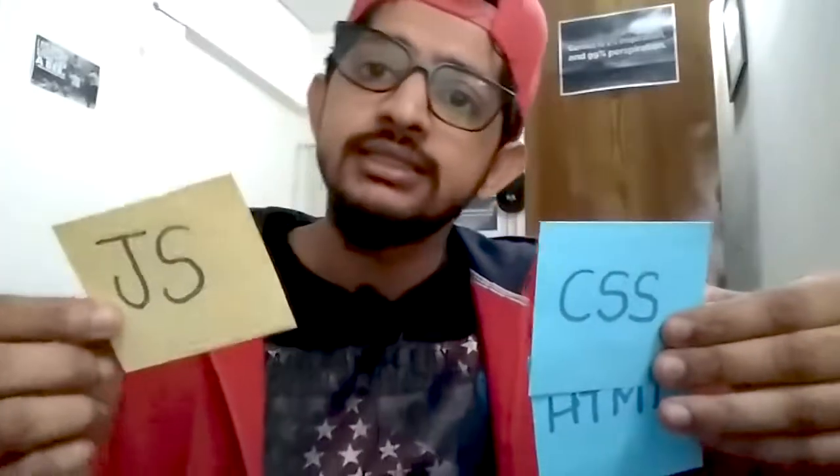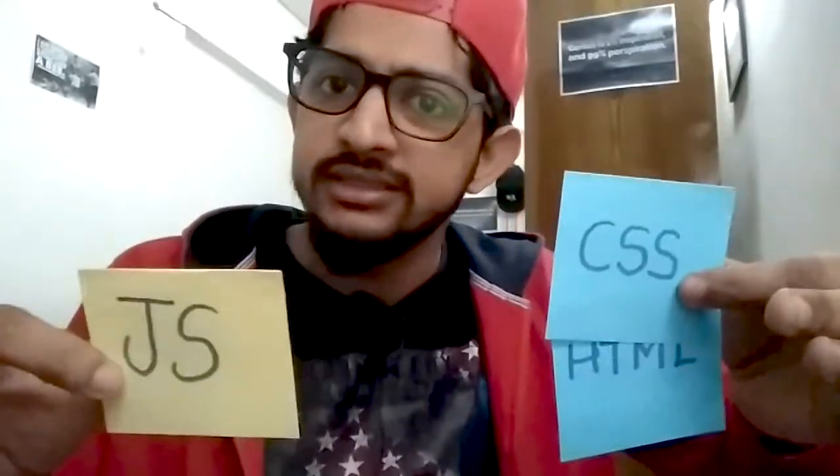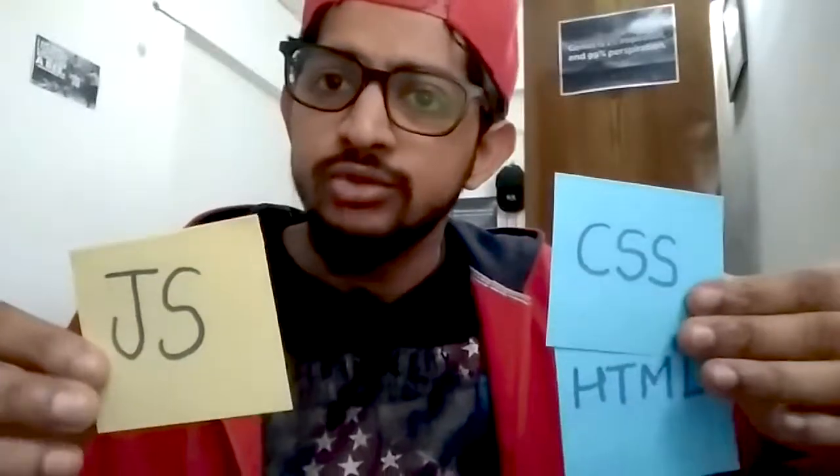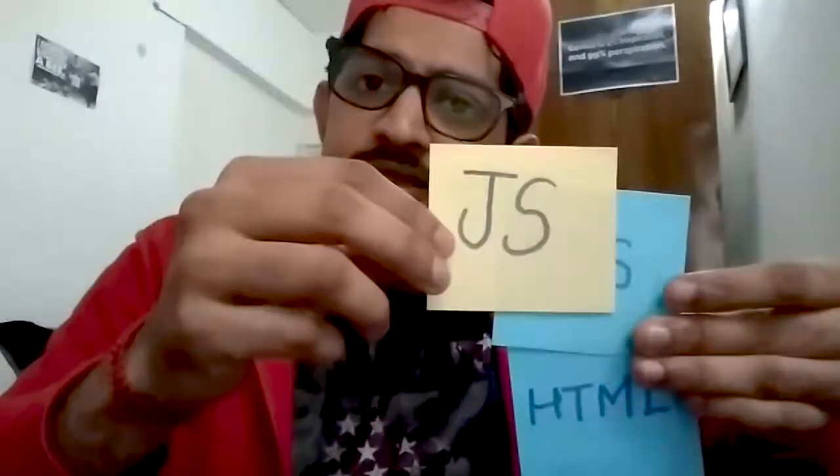JavaScript introduces certain types of validations and also dynamic user interaction changes that happen on the web page. Those things are designed in JavaScript. It can tweak some features of CSS, it can tweak some features of HTML. That is, in simple terms, what JavaScript does.